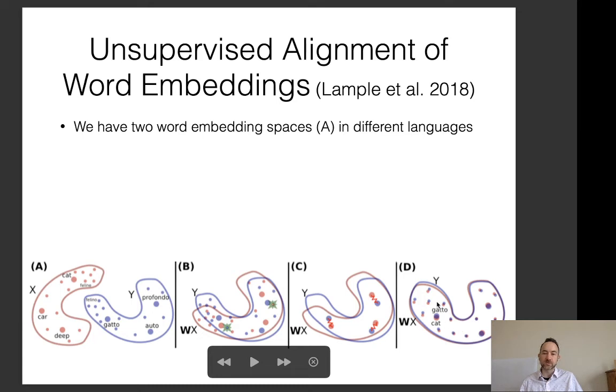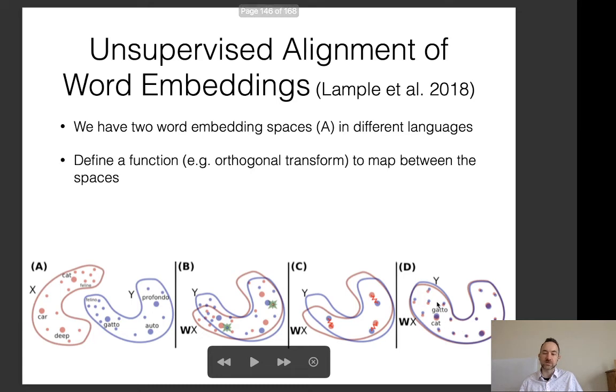This is useful for cross-lingual transfer applications or inducing word dictionaries from word embeddings or other multilingual applications like this. Basically what we do is we define a function such as an orthogonal transform to map between the embedding spaces. And then we train a discriminator that tries to distinguish whether an embedding came from one space or the other.